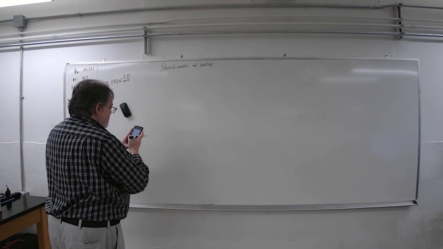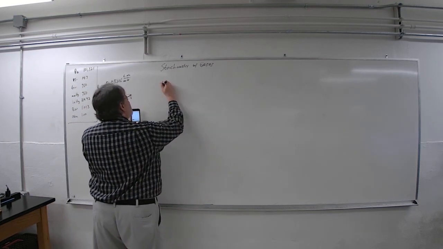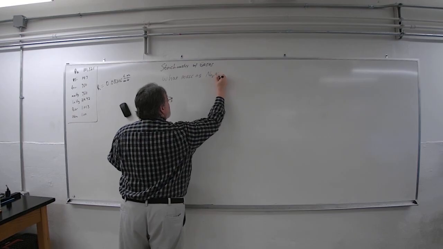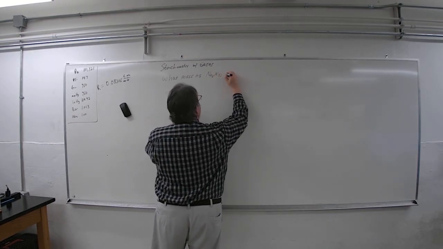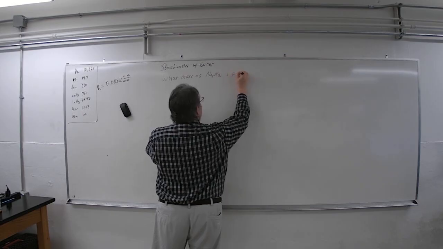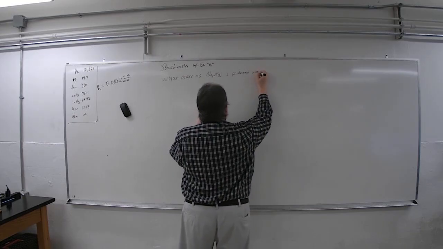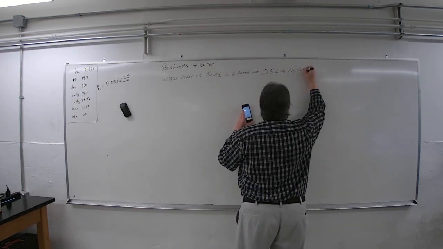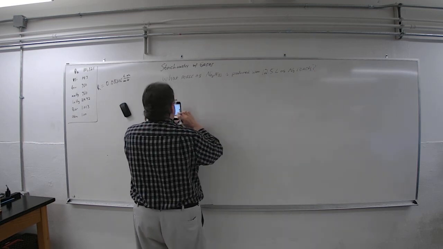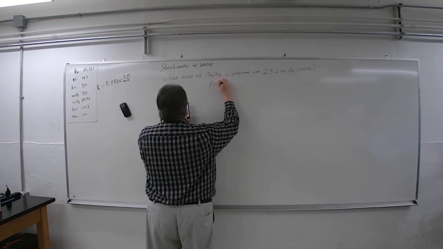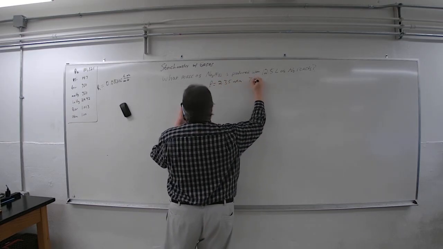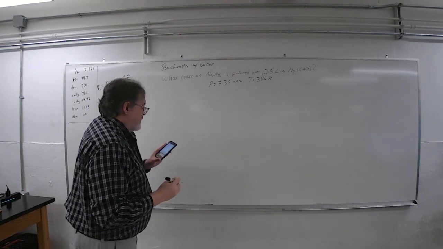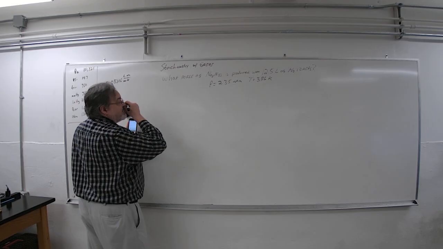So going the other direction, it looks like this. Reduced 12.5 liters. So now we're going to use PV equals nRT first.